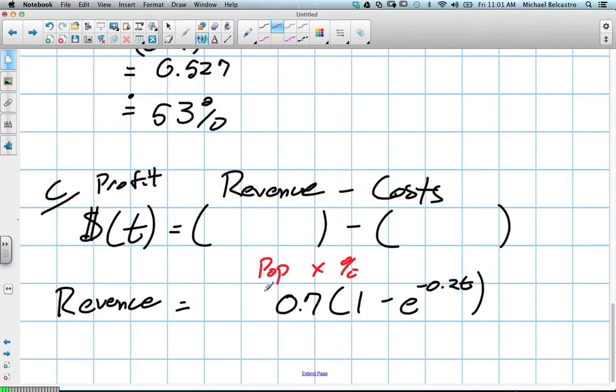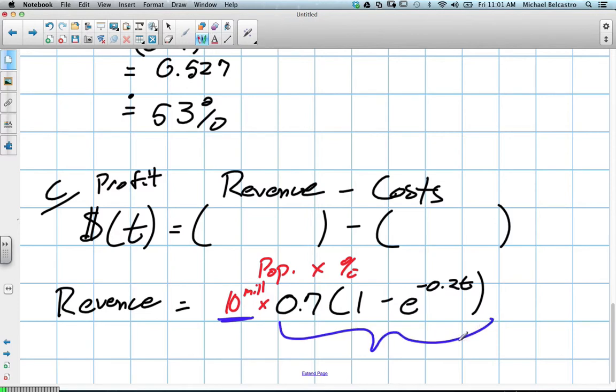Because the population is 10 million, we multiply this value by 10 million. I'm going to write just 10 mil so it doesn't get too complex. That just gives us the number of people reached.